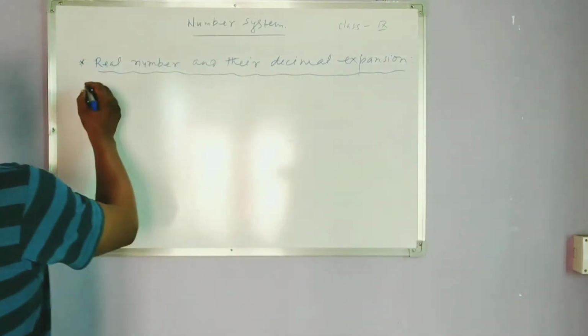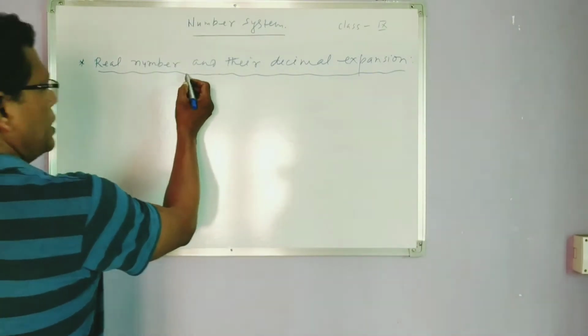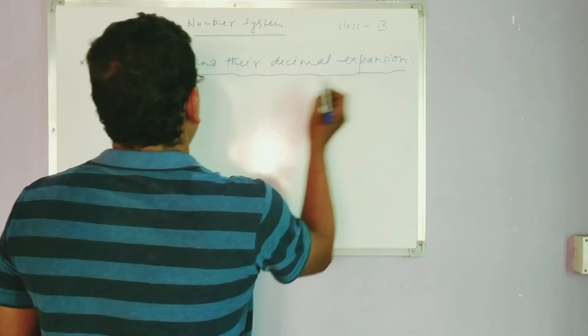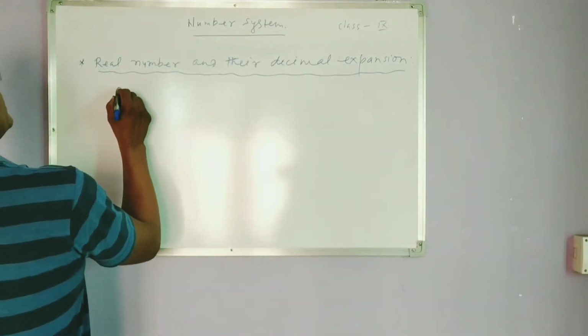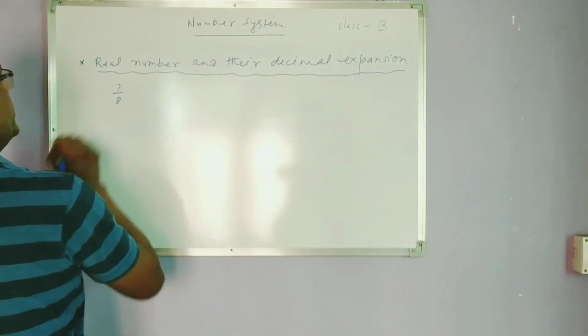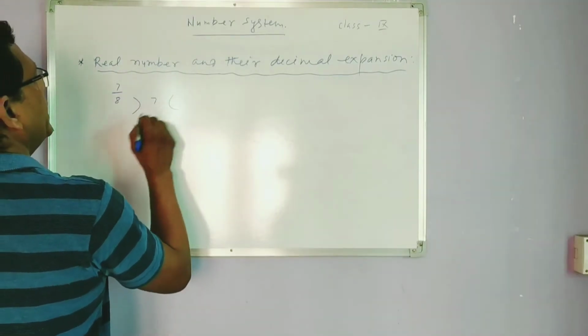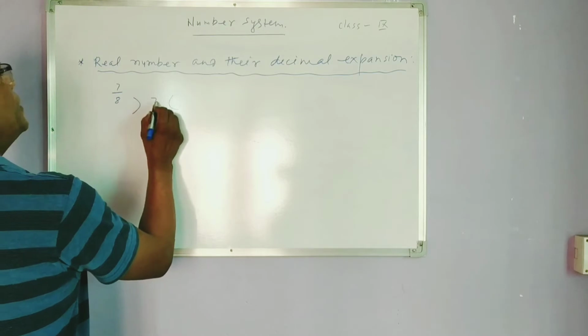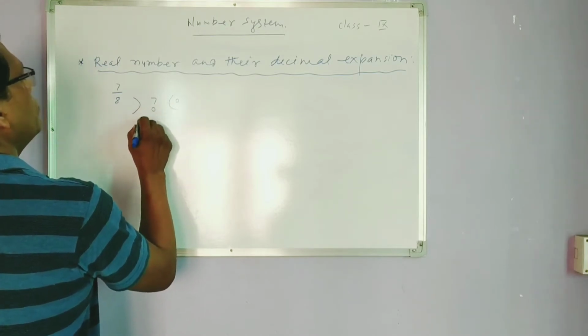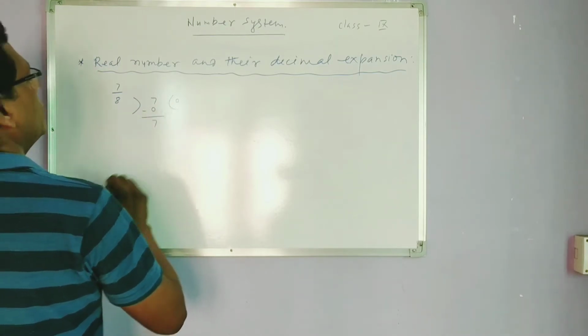Now, I would like to discuss real numbers and their decimal expansion. For this, we take an example 7/8. We divide 7 by 8. So 8 times 0 is 0, 7.